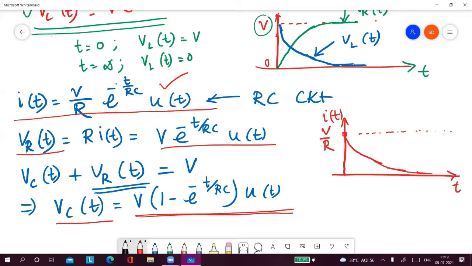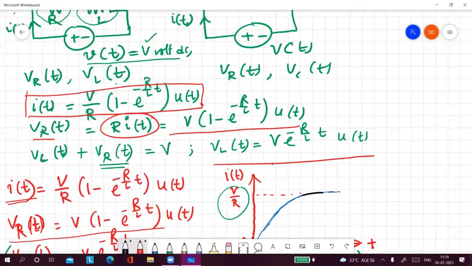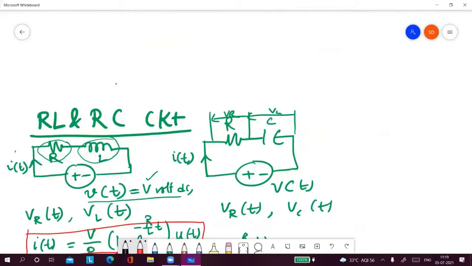Okay, current in a series RC circuit will continue to flow until the voltage across the capacitor reaches the applied voltage V. Initially the capacitor is relaxed, that means there is no charge in the capacitor, so these two plates have a potential of 0 volt.